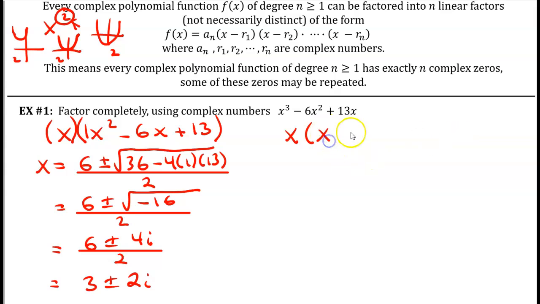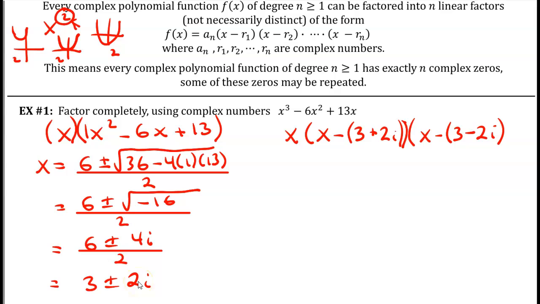So we'll have x minus my first root, I'll do the positive one, so x minus 3 plus 2i. Close that. And then I'll have my second, which is going to be x minus 3 minus 2i. These are identical except one's plus and one's minus because of the plus and minus 2i.